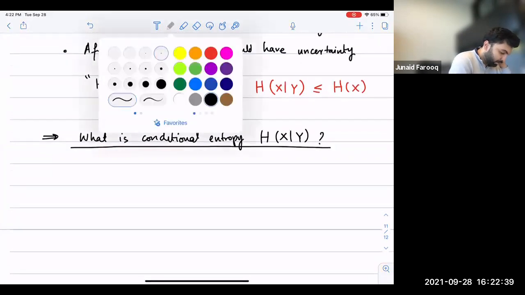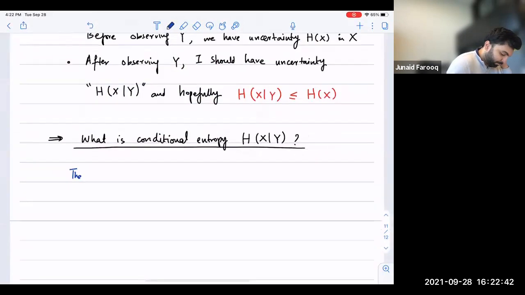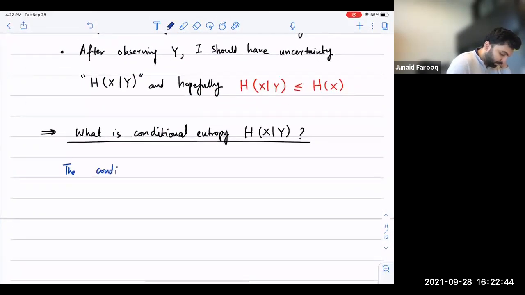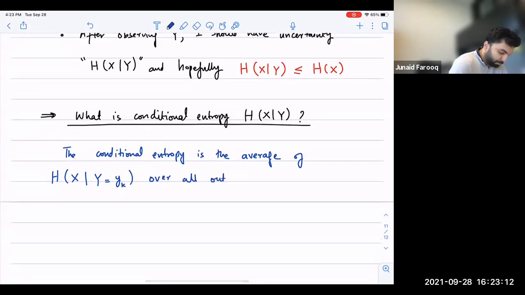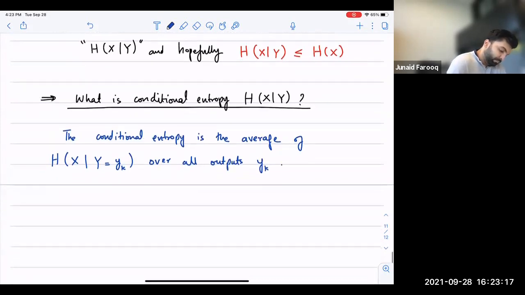The conditional entropy is actually the average of H of X given Y equals y_k over all outputs y_k.